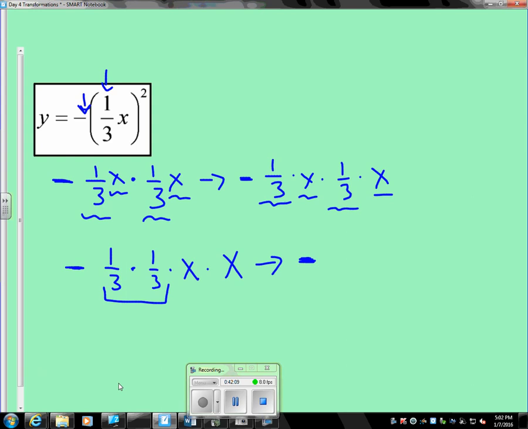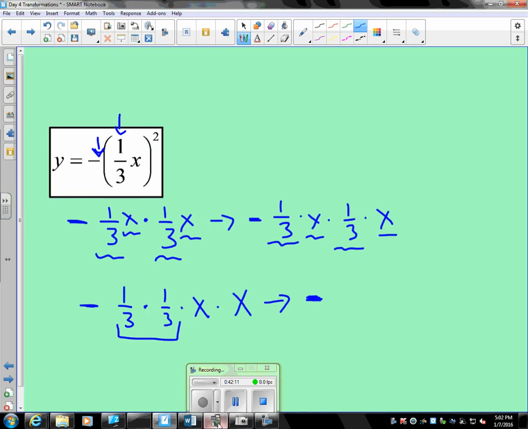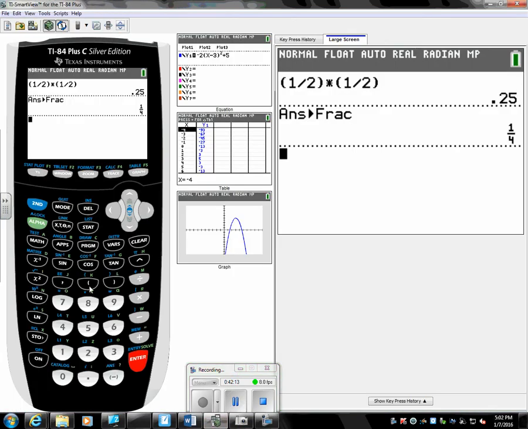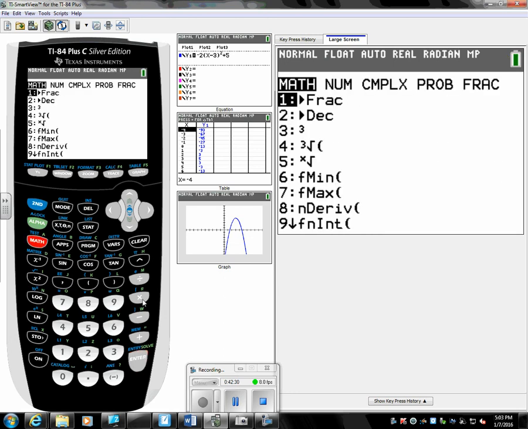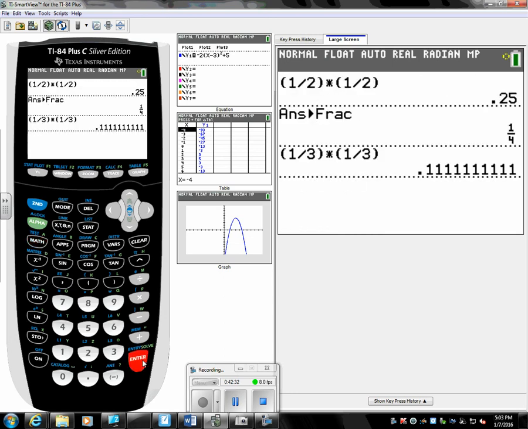Let's go back to our calculator. Fractions go in parentheses. 1 divided by 3 times 1 divided by 3, or 1/3 times 1/3. That gives me this decimal, but I want it as a fraction. So then I press math, enter, enter.